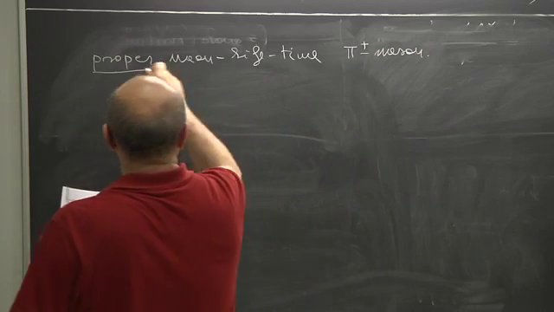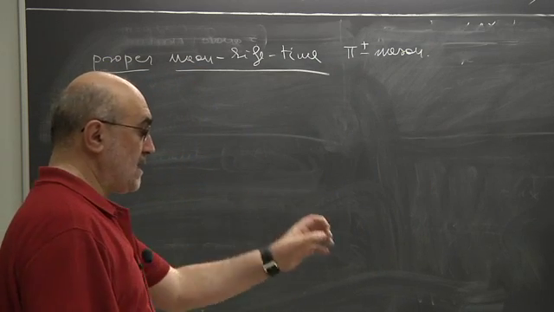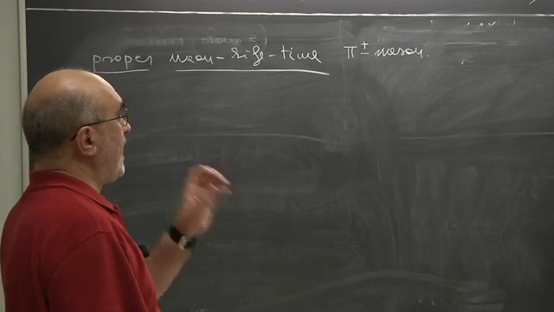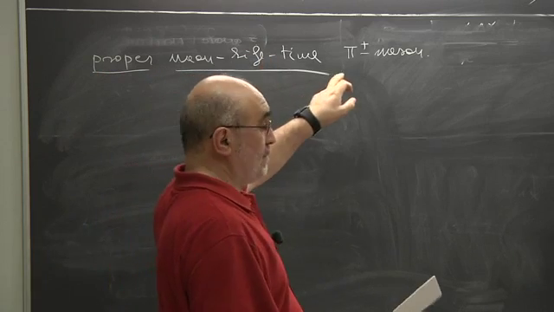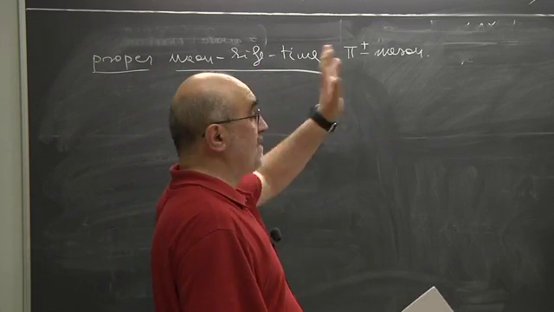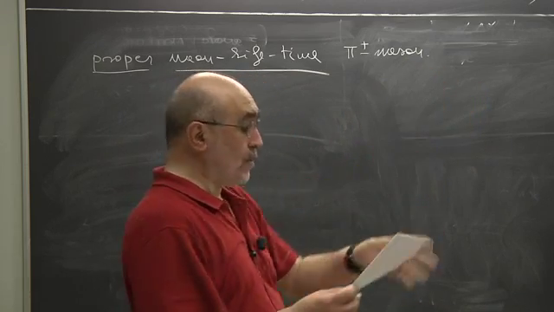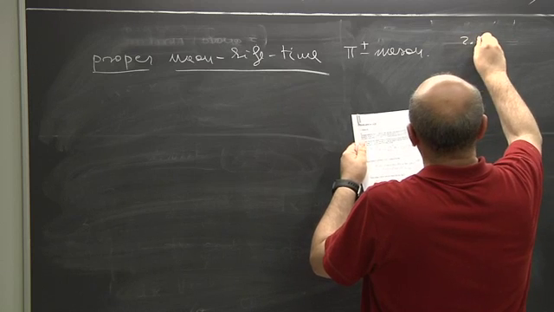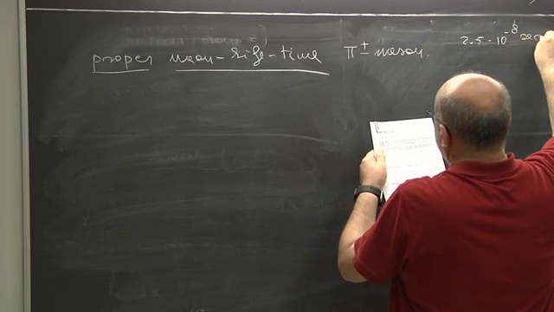The proper mean lifetime means we measure its mean life, see how long it takes on average to decay, but proper in the sense that this is the proper time, so we are moving with the particle. We are not looking at the particle while it decays, we are moving with the particle. And it's 2.5 times 10 to the minus 8 seconds.